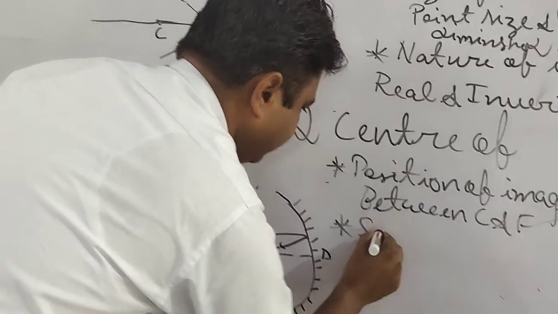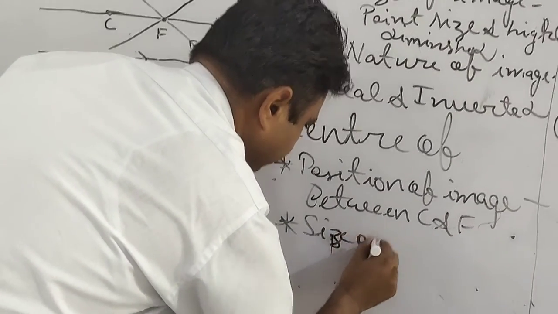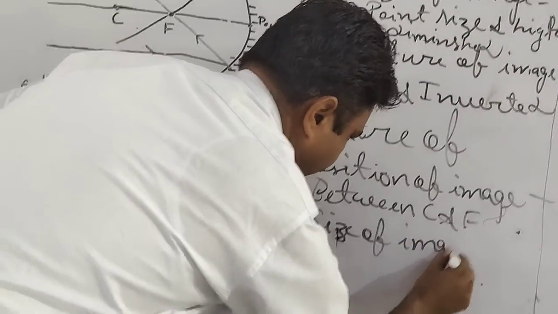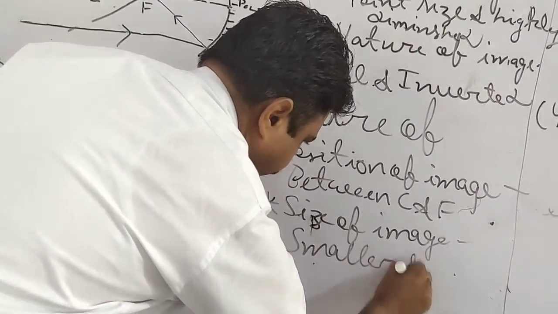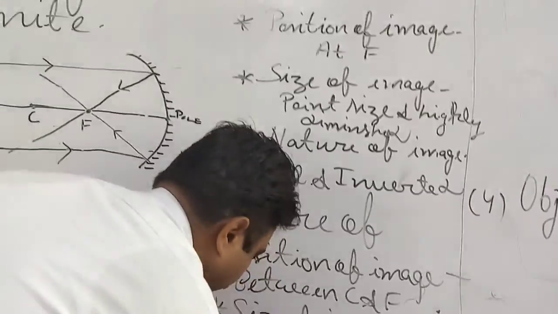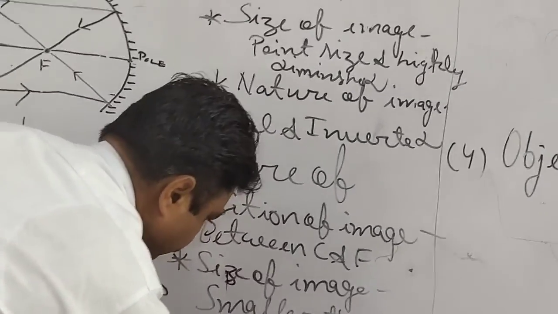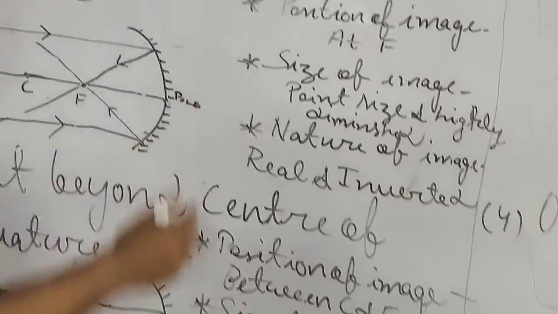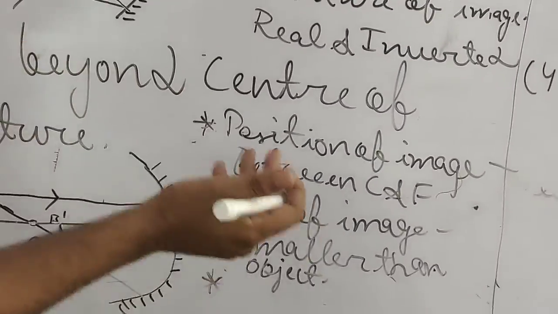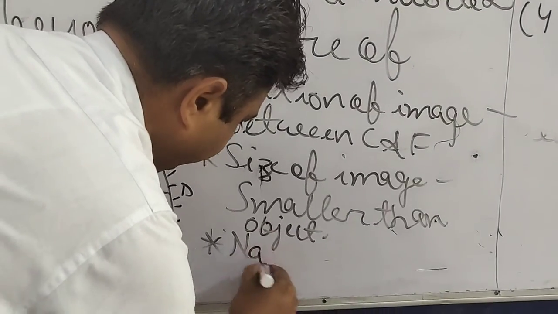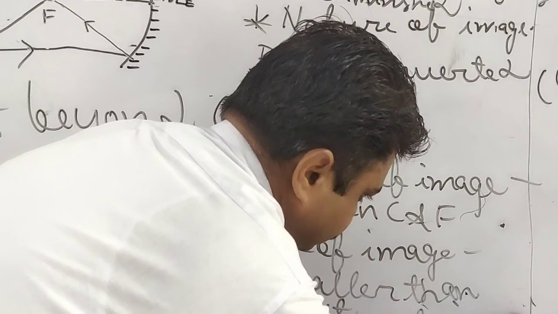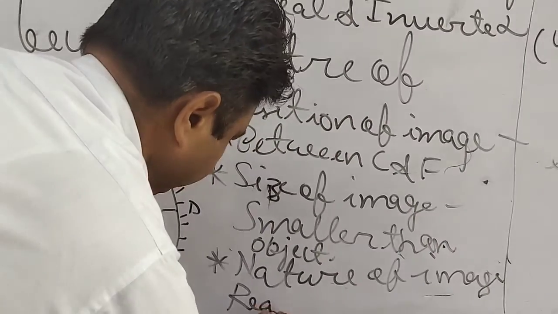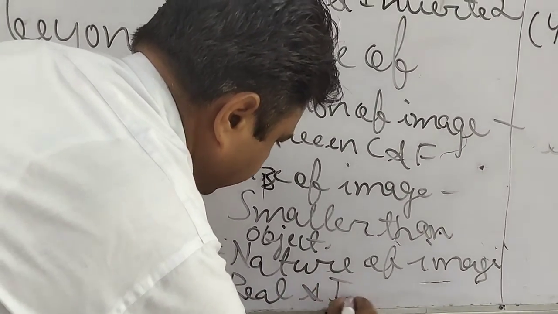So size of image: smaller than the object. Nature of image: now you have learned that the nature of the image will be real and inverted.